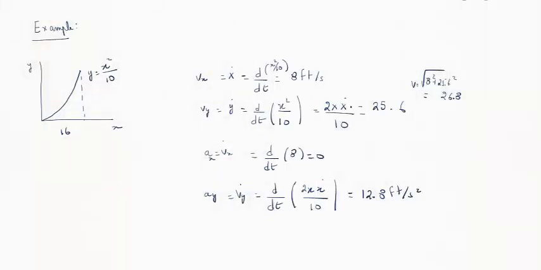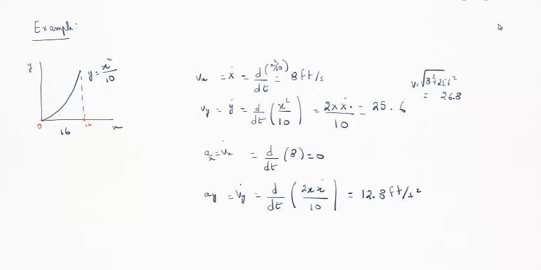Now let's do an example on this. Let's say we have the trajectory as such. We have y equals x squared over 10, and x goes from 0 to 16. Let's say we want to find the acceleration from this.